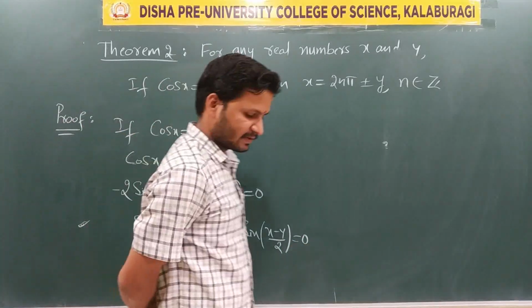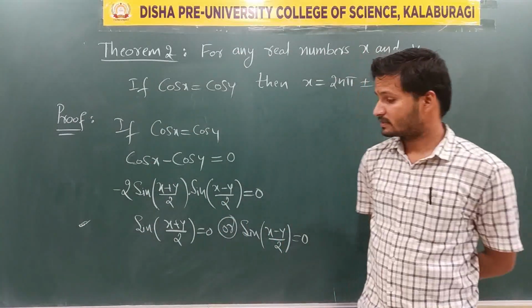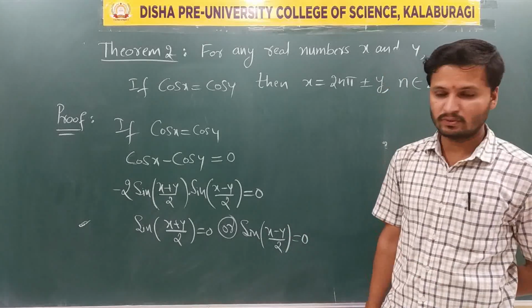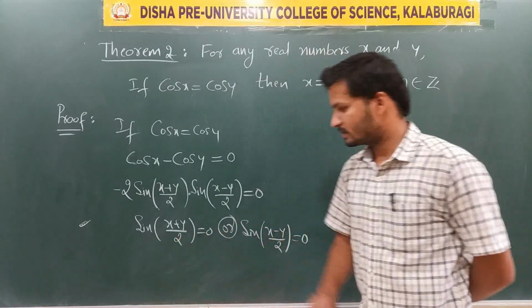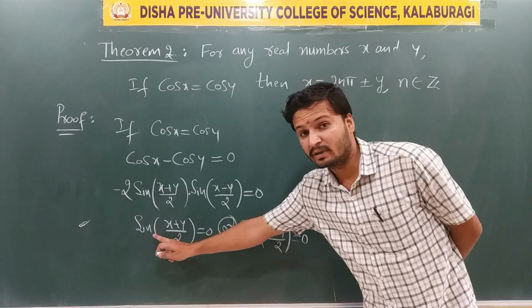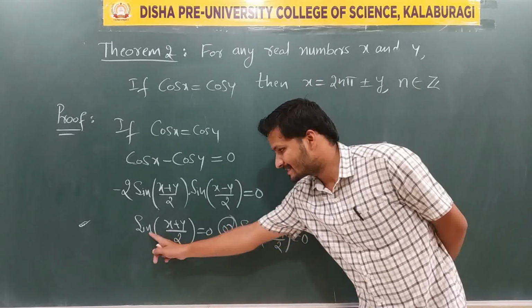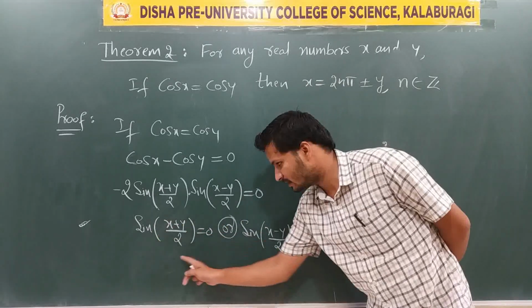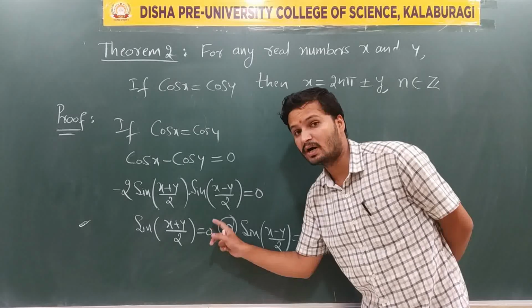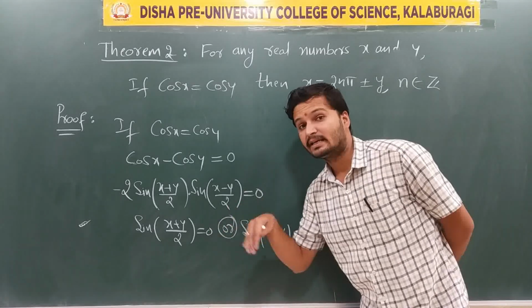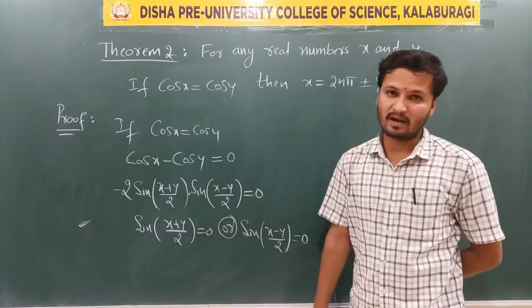Okay, either sine of (x plus y)/2 equal to 0 or sine of (x minus y)/2 is equal to 0. And again use here note number 1, that is sine of theta is equal to 0 for what values of theta, that is even integral multiple of pi.